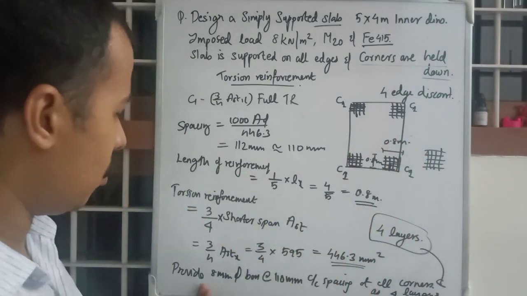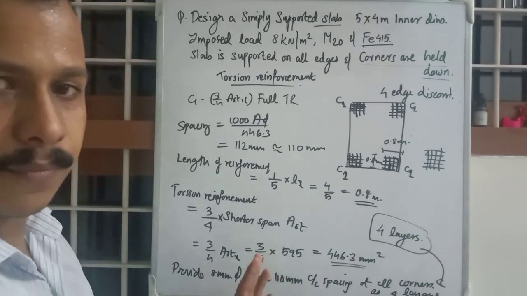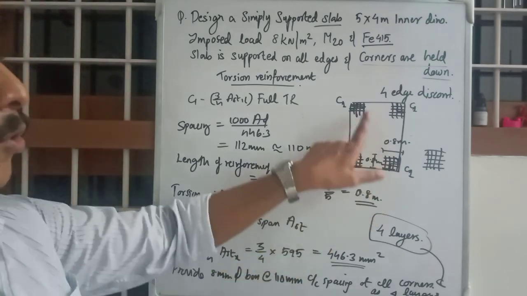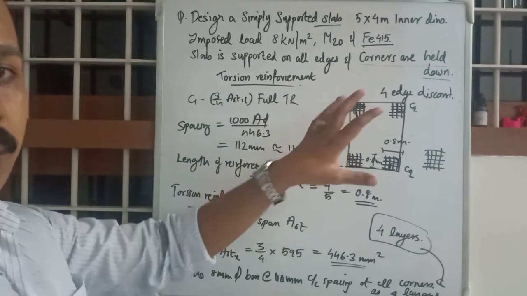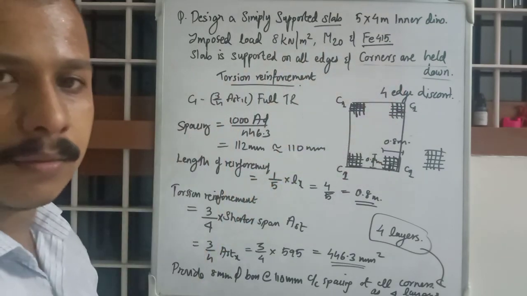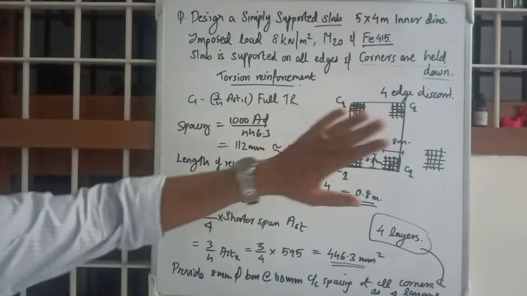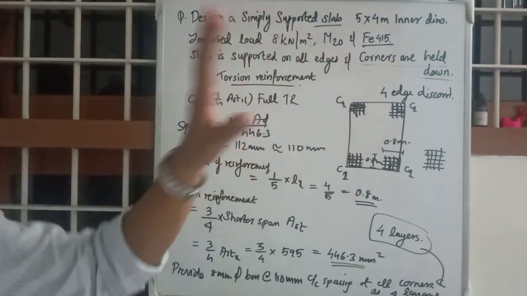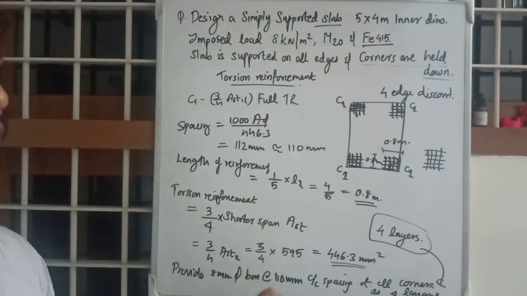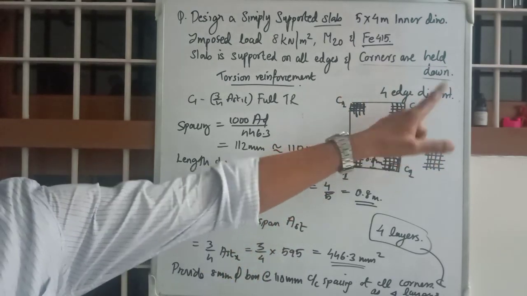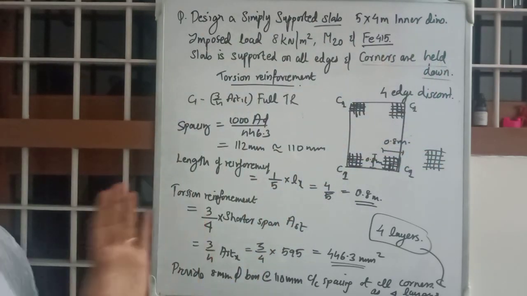You just have to include these values in the statement, and include this mesh in the plan diagram at 4 corners. Then you have completed the restrained 4 edge discontinuous slab design.